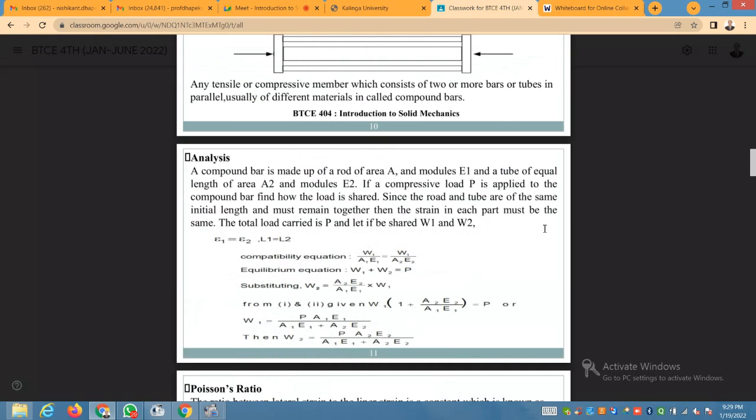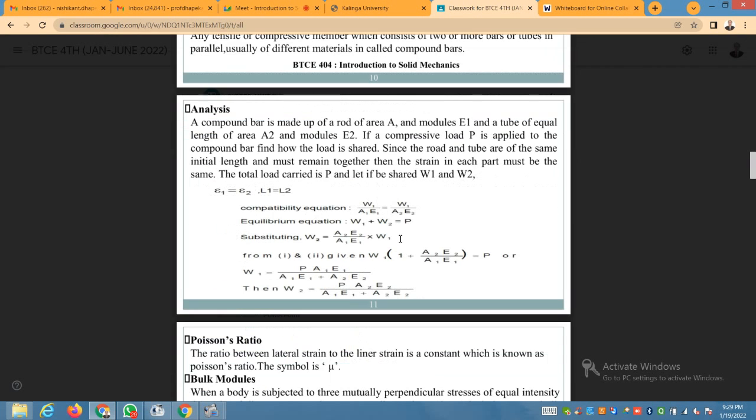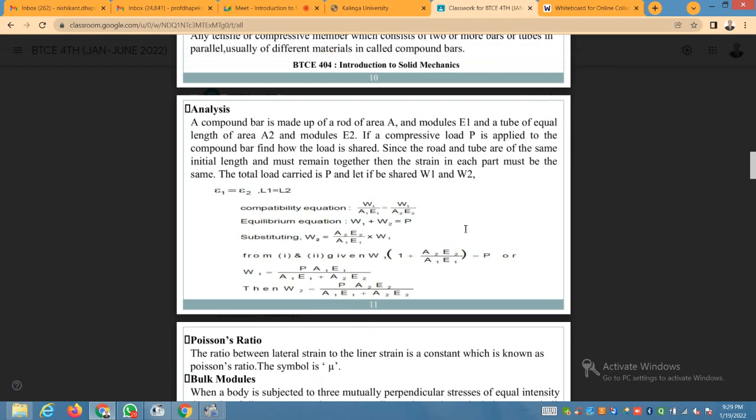Now here I am trying to explain one simple mathematical calculation. Let us assume that a compound rod is there. Compound rod means a rod made up of two pieces of varying cross sections, or a rod has varying cross sections at different lengths.